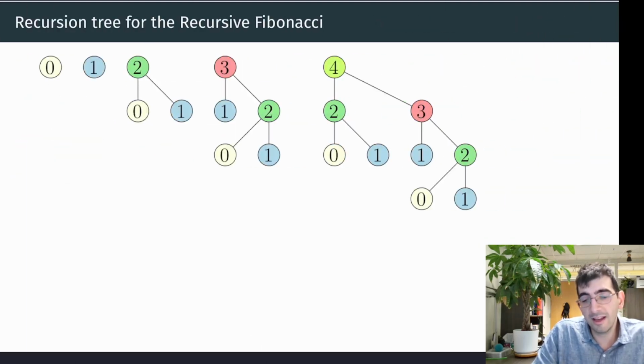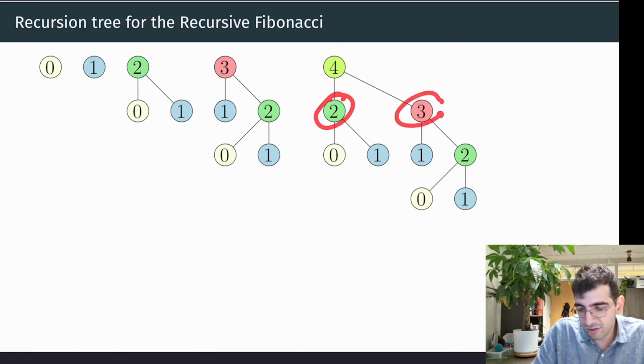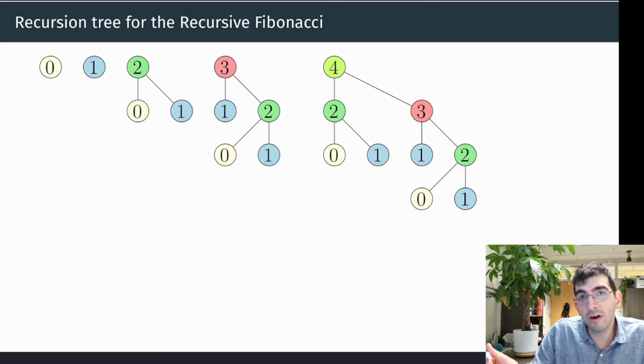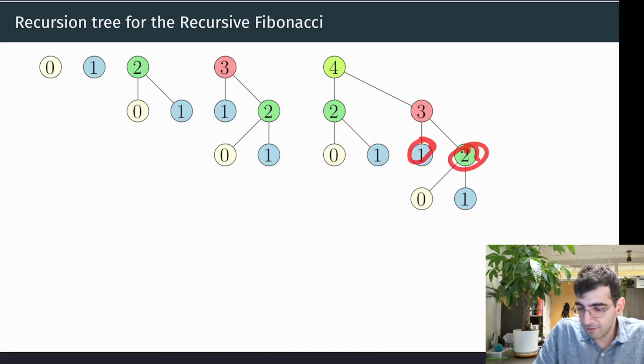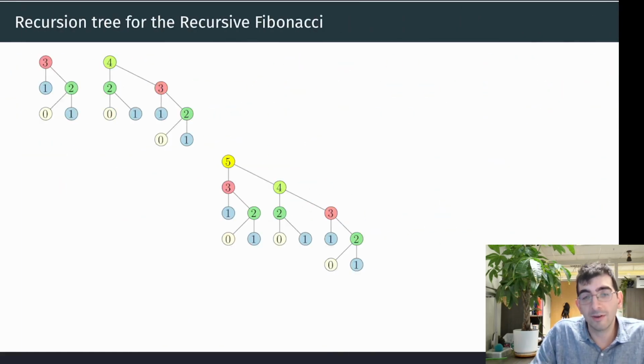Then, if the input is 4, we call Fibonacci of 2 and Fibonacci of 3. But those calls themselves call Fibonacci of 0, Fibonacci of 1, and Fibonacci of 1, and again, Fibonacci of 2, Fibonacci of 0, Fibonacci of 1. And it just keeps growing, right?